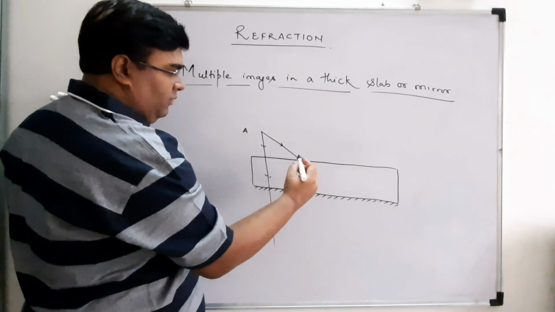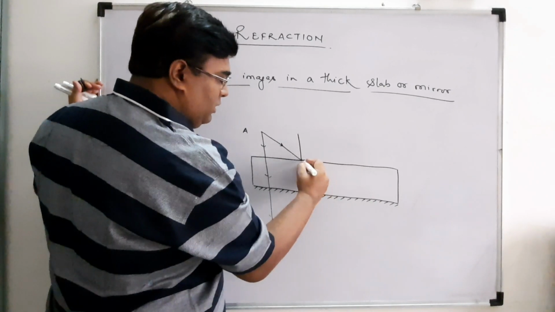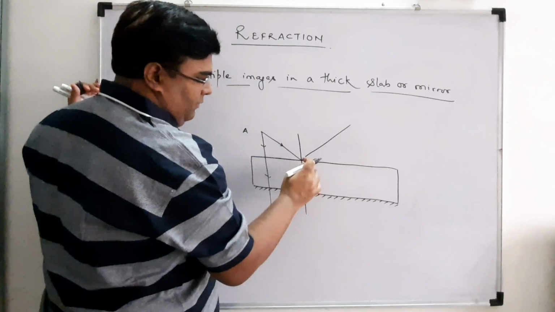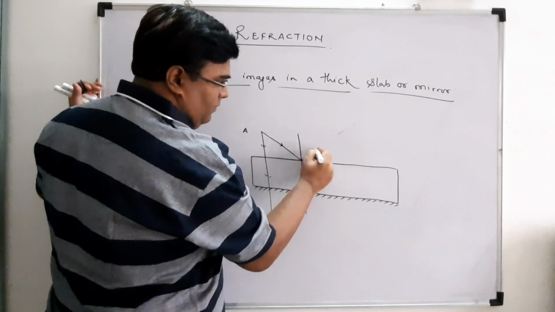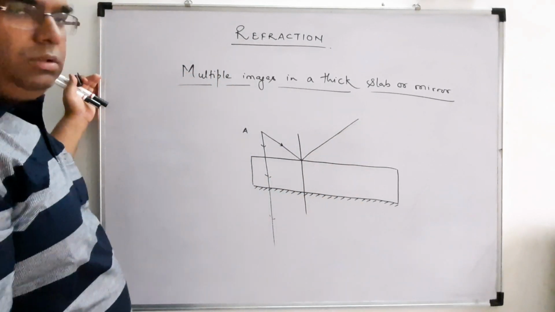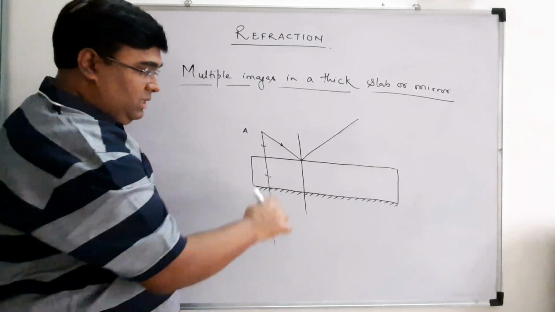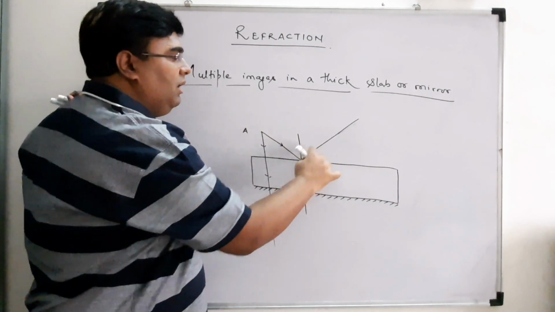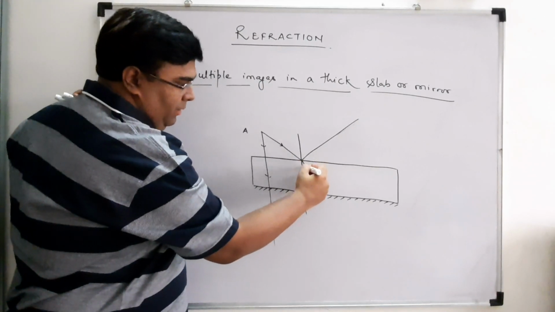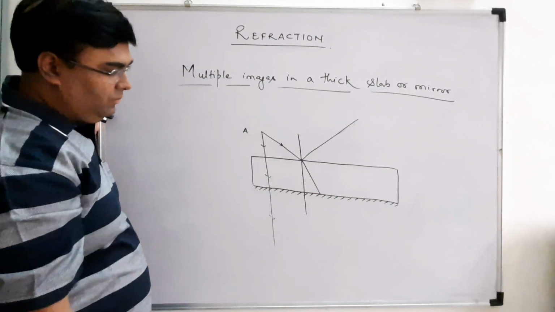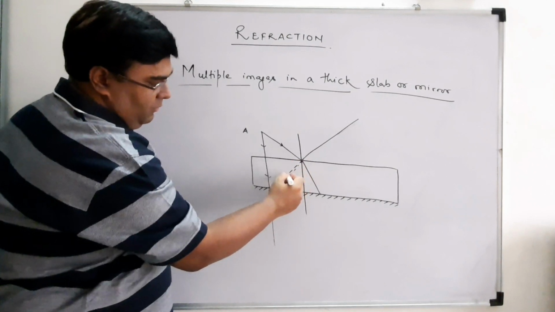Let us draw a normal here also. As per the law of reflection, some very small part will get reflected, and the major part will be refracted.